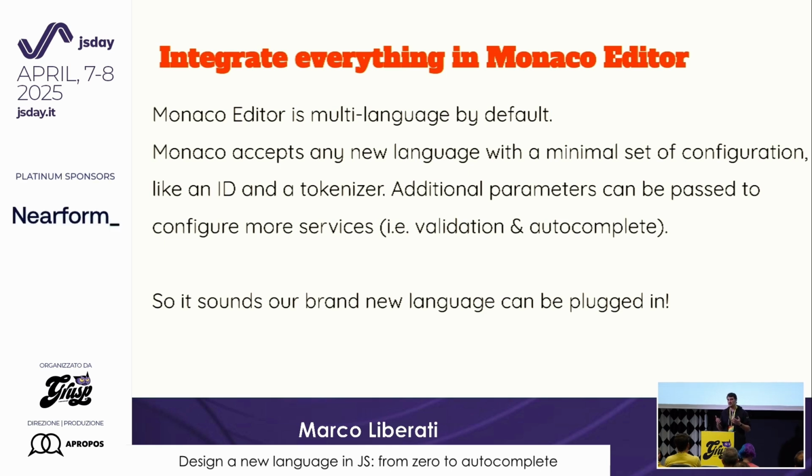A tokenizer is the inverse of the grammar library. So you give it a string and it gives you back tokens. It can be written with a function or even with a regular expression. It doesn't need to be very specific. Additional parameters can be passed to Monaco, like our validation function, our autocomplete, a hover feature, and things like that. We will just scope down to two.